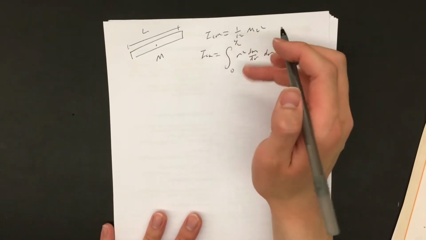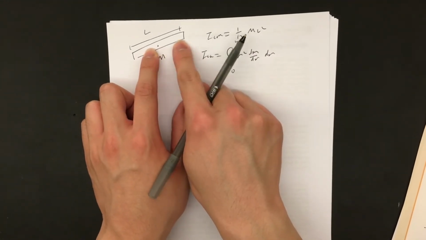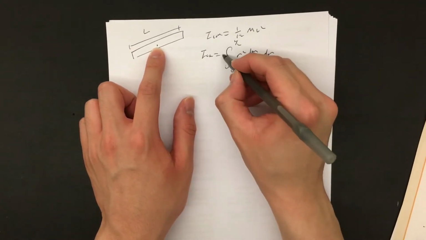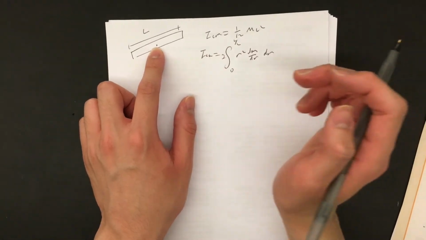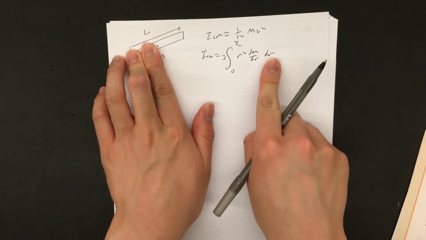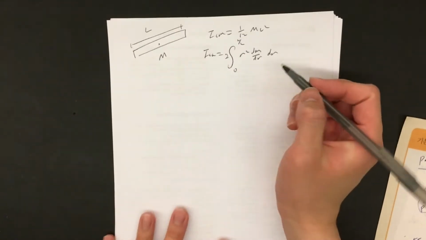Now this integration bound is from 0 to L over 2 because we're starting from center of mass to the endpoint, which distance equals to L over 2. And we have to multiply this by 2 because this integral is inertia of half of this rod, so therefore we have to add these two in order to get the inertia of this full rod.